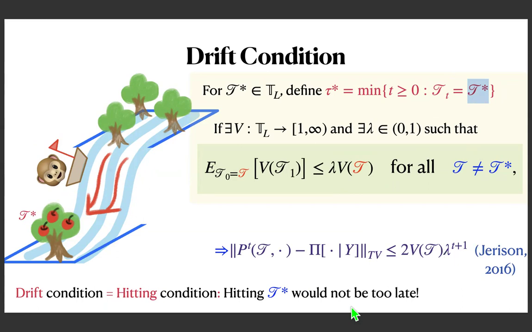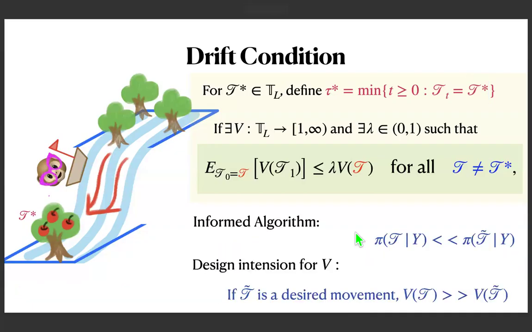So now our goal is, we have an informed algorithm, and we want to find such a V that satisfies these conditions so that we know it will, in the end, converge very fast. Intuitively, it should not be very difficult. If we think about this informed algorithm, first, it's an MH algorithm, so the acceptance rate favors the candidate that has a higher posterior value.